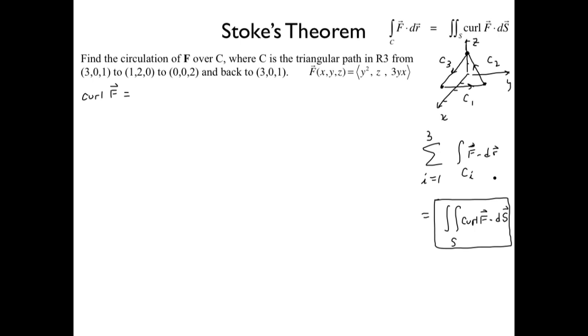So what do we need to do that flux? We're going to find the curl, obviously. What else are we going to need? We want an equation for the surface, right? And what will be the most natural way to write the equation of that surface?